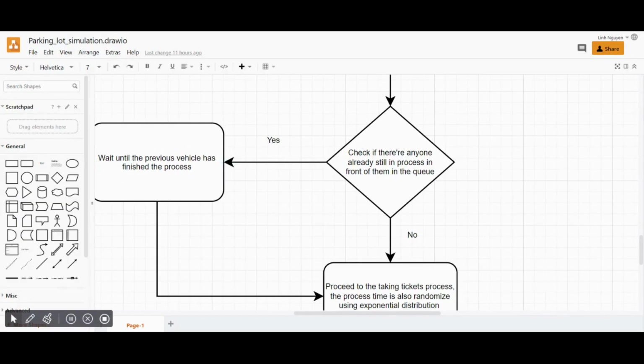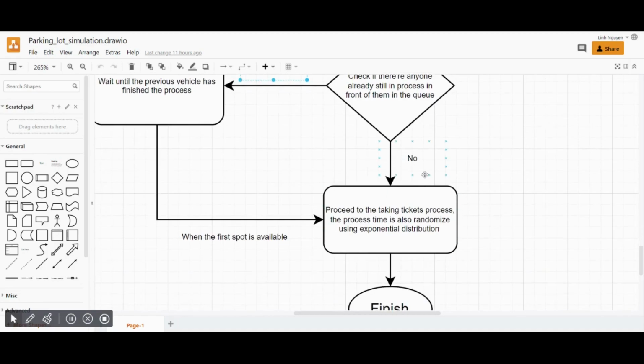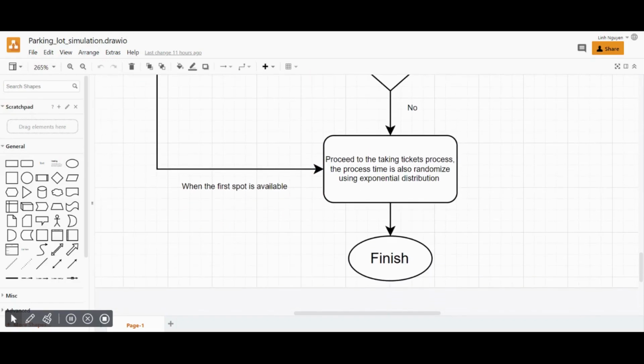If there is someone waiting, then the vehicle has to wait until the previous vehicle has finished the process, and if there's no one in the getting-out queue, then they proceed to the taking ticket process, and this processing time is also randomized using exponential distribution. And then the vehicles come out and we finish the program.